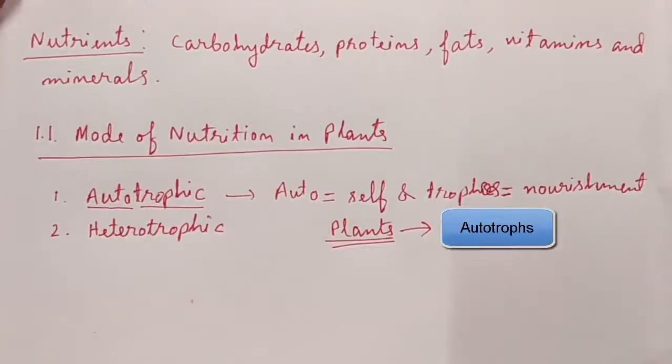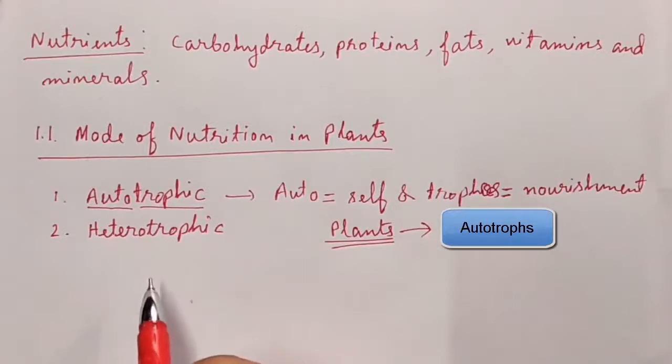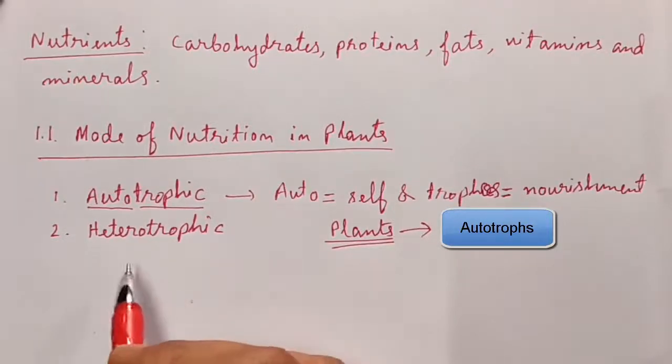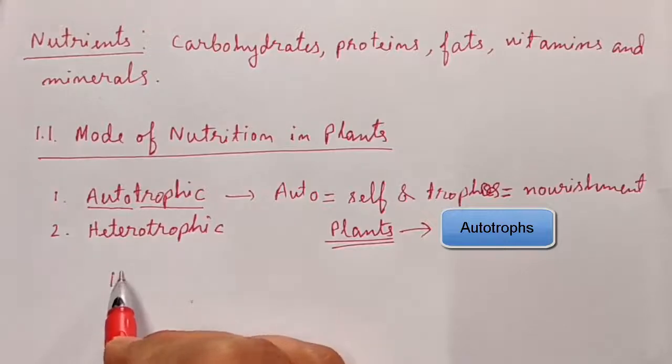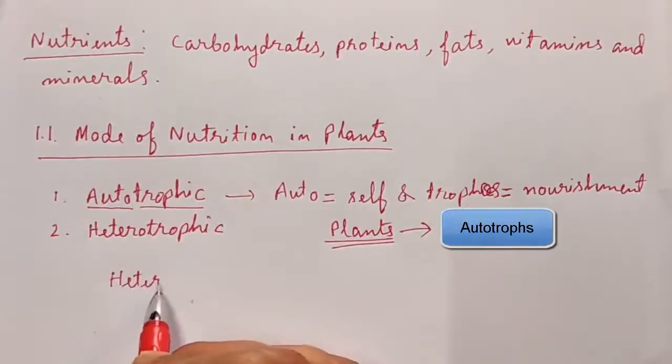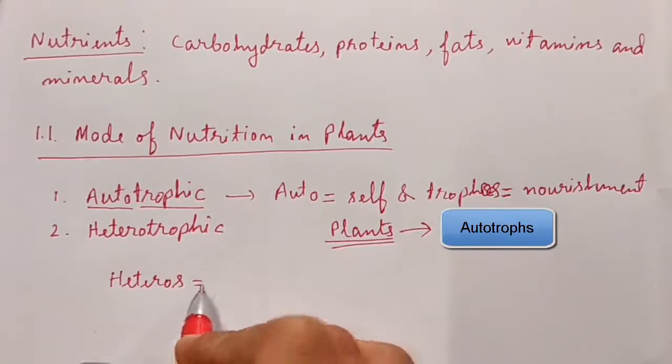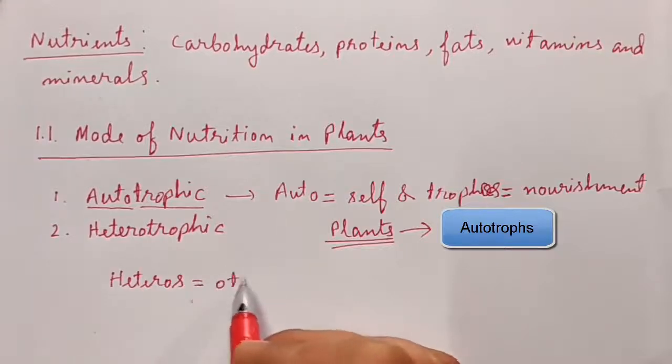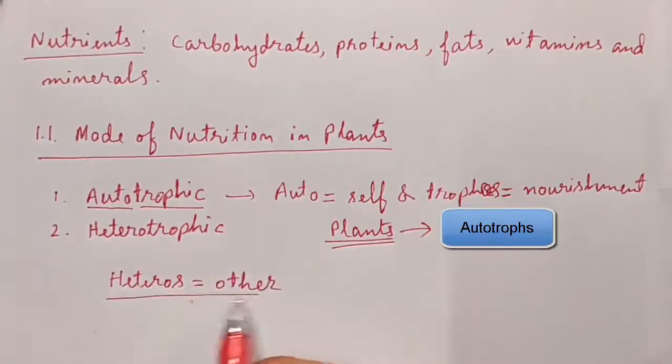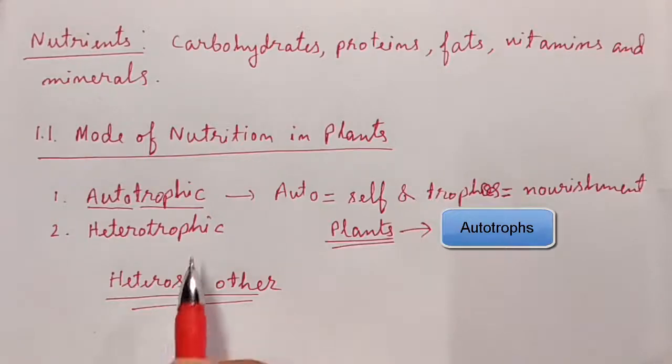And the next one, heterotrophic. From this word heterotrophic, we can see heteros, which means other. An example of an organism which uses heterotrophic nutrition is animal.